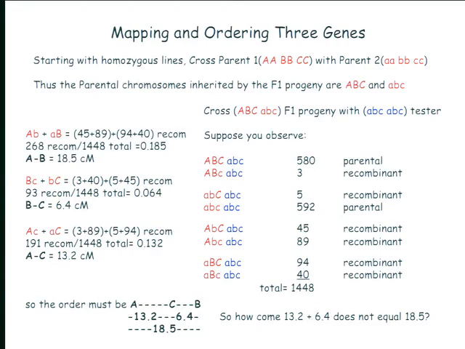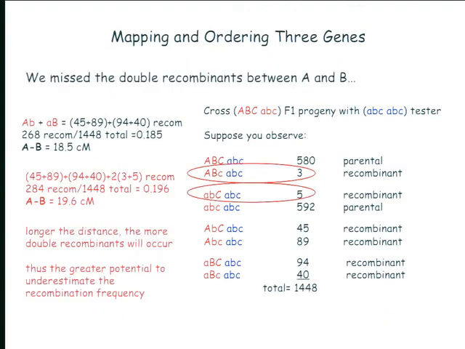So now we've got all the facts lined up. So the longer the distance between the 3 different loci on a chromosome, the more double recombinants are going to occur, and thus the greater potential to underestimate the recombination frequency. So that's something you always have to factor into your calculations when you're making these larger scale map orders.